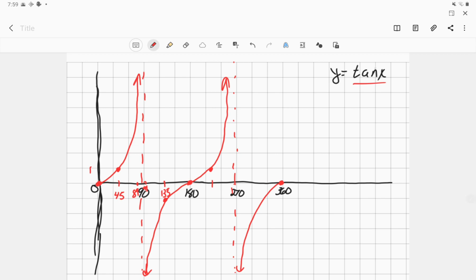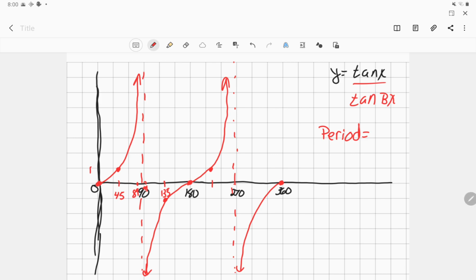The only thing that's different is the idea of what goes in that B position and the formula that goes with it. Before, we always did that period was 360 divided by B. That's because with a sine or a cos wave, it took 360 degrees to do one wave or one cycle.